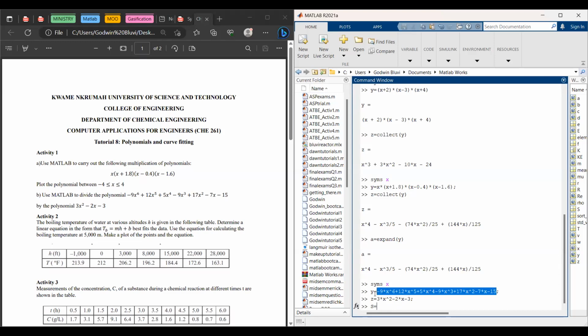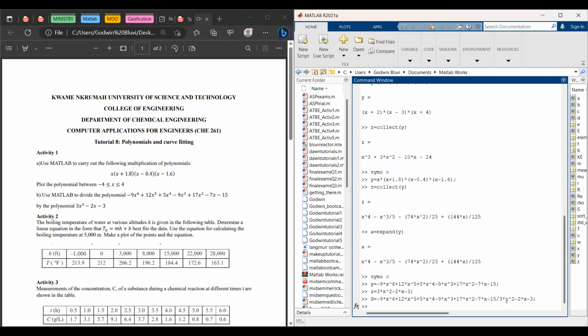Copy this one, Control C, come and put it here, divided by that. So you just insert the expression there straight away, then Control V, then suppress it. So now simplify.